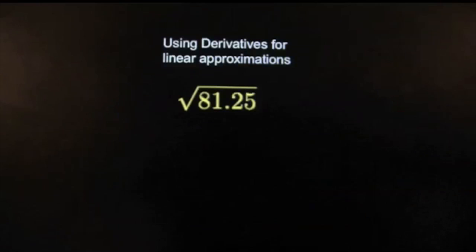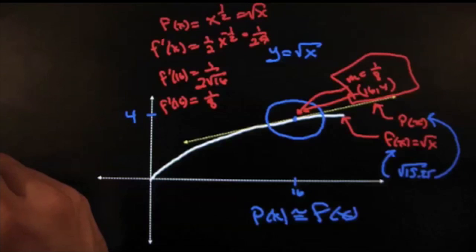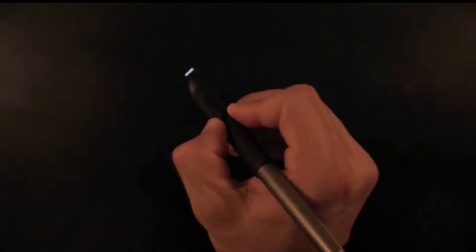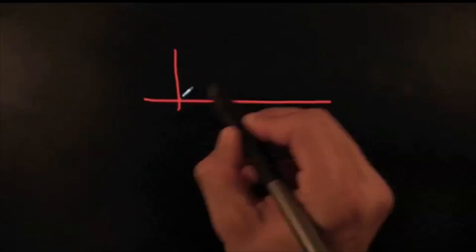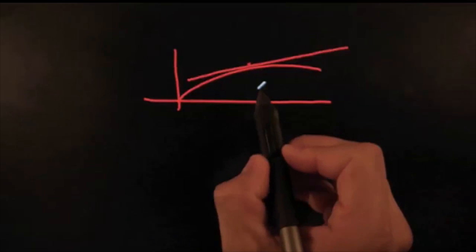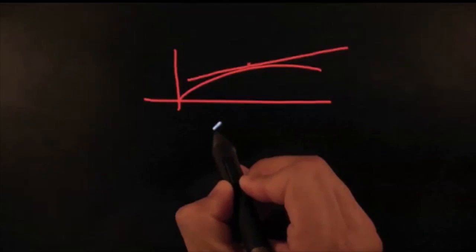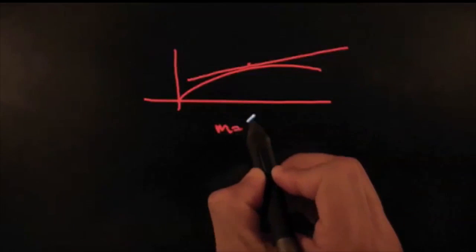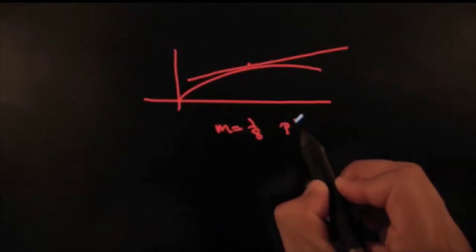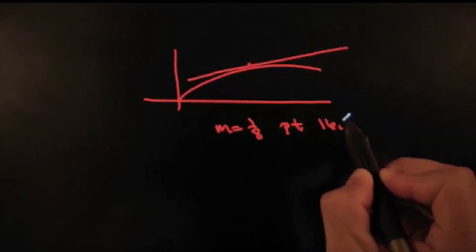Now, I need another new clean page, so let's clone this, and then let's clear this page. So I've got that the slope is equal to 1 over 8, and the point is 16, 4.